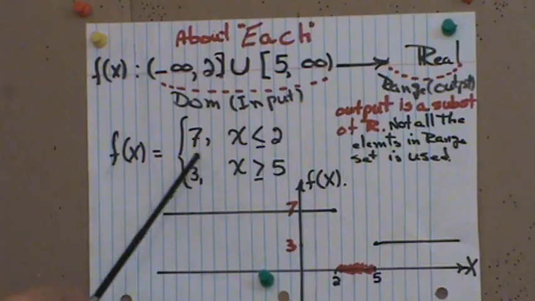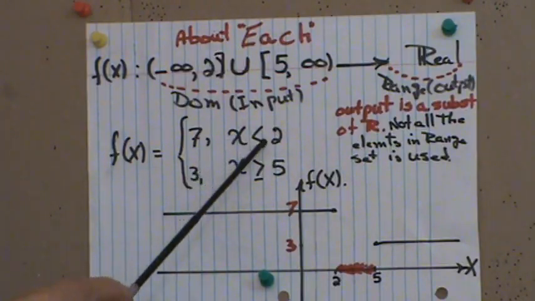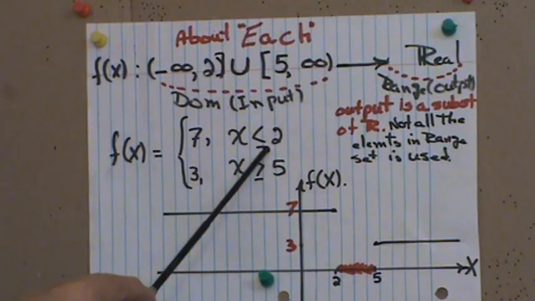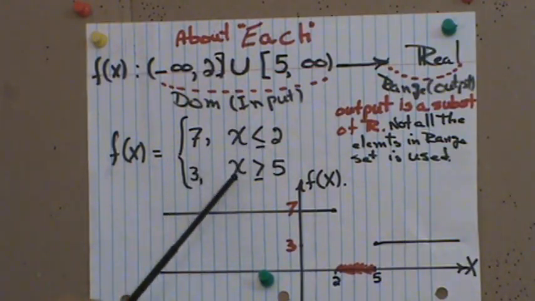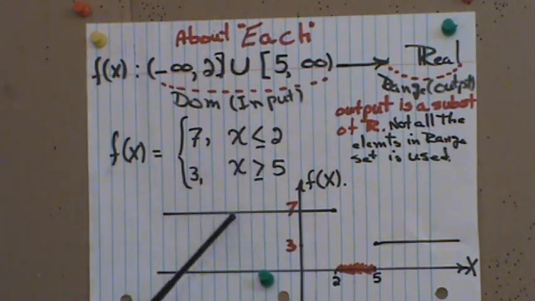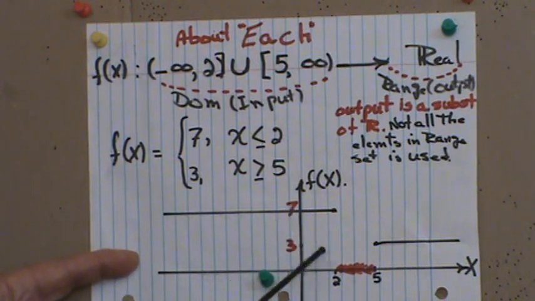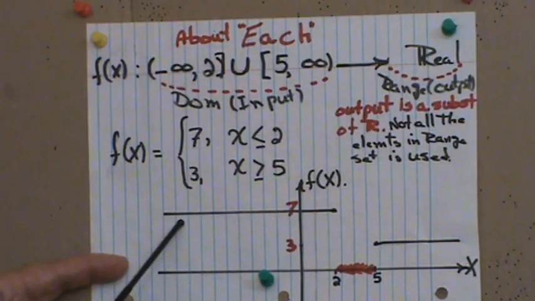He says for all the numbers less than or equal to 2, from negative infinity all the way to 2 including 2, anything you give as an input, the function will give you out 7. So you give negative 19, he gives you 7. You give him 0, he gives you 7. You give him 2, he gives you 7. You give him anything else, negative 1,000, he gives you 7.